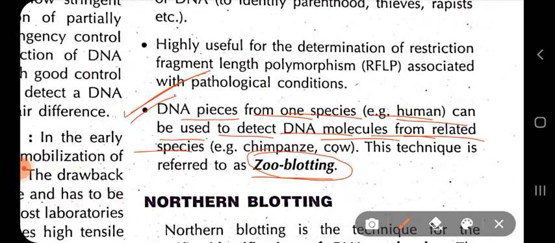This technique is called zoo blotting, where we take DNA pieces from one species and use them as a probe to detect DNA molecules from the related species. So zoo blotting can also be done.